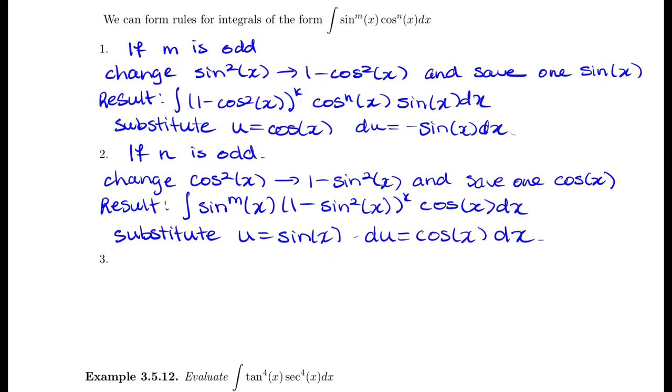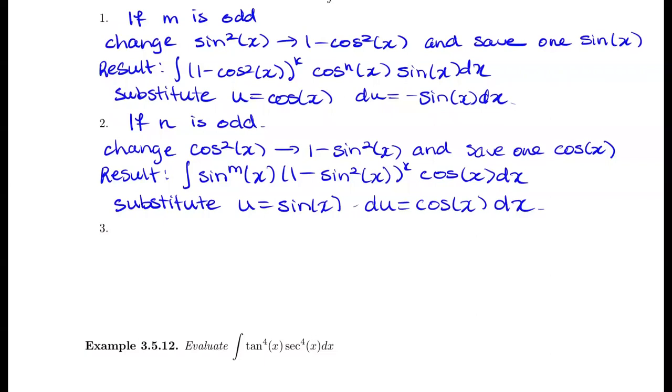Now, for the third rule, let's say that both m and n are even. So if m and n are even, so both of them are even, use half angle identities.